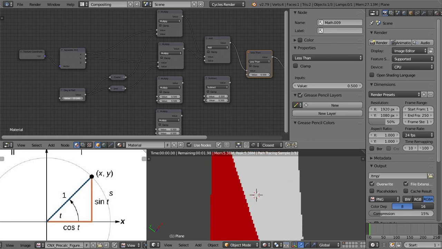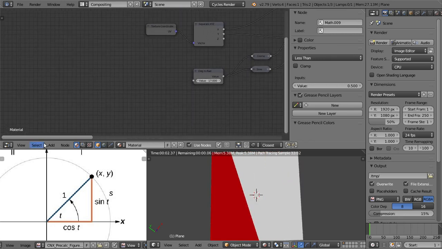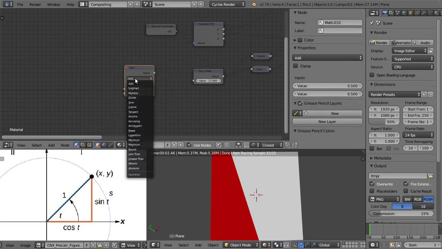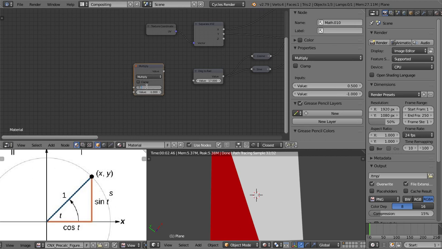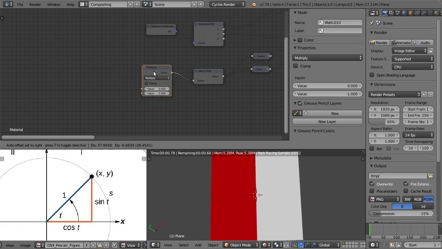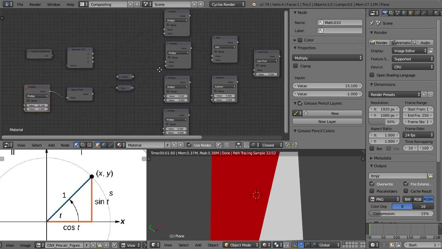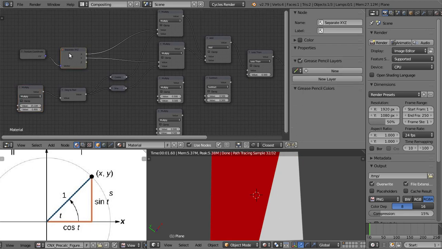So what I'm going to do is just invert the value. So we'll multiply by -1, and we'll just invert the value. I'm used to going clockwise, I guess that's why. So, yeah. Alright. We're only using X and Y on yours.